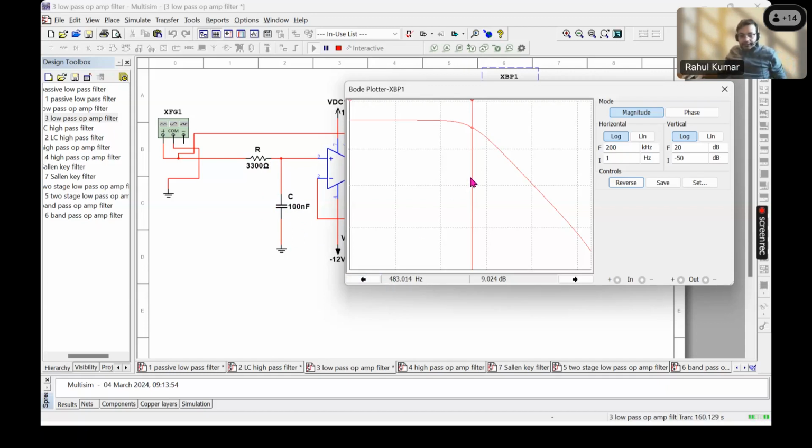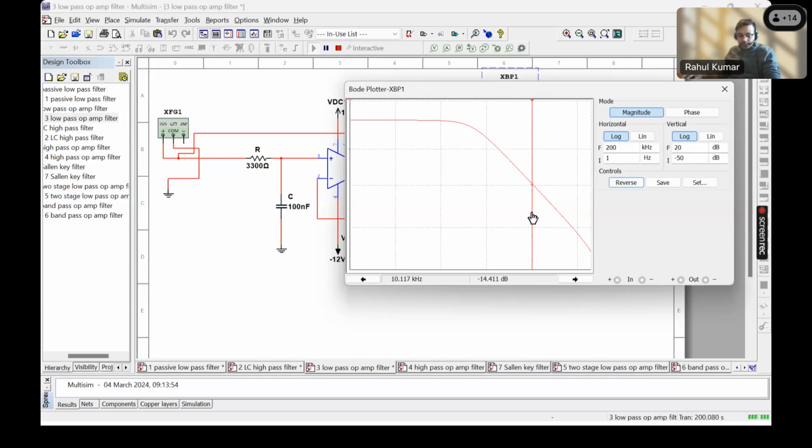Now the slope. You can again calculate the slope. Let's take it around 10 kilohertz. At 10 kilohertz, we are getting approximately minus 14 dB.